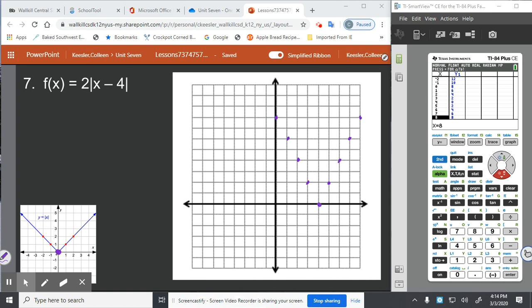I can continue on this side and I see the pattern of up 2 and over 1, which makes sense because the number outside the absolute value is 2, so that acts like the slope. Arrows on both ends because we didn't give a domain to graph it over. So in this case, it was shifted 4 right and stretched by a factor of 2.